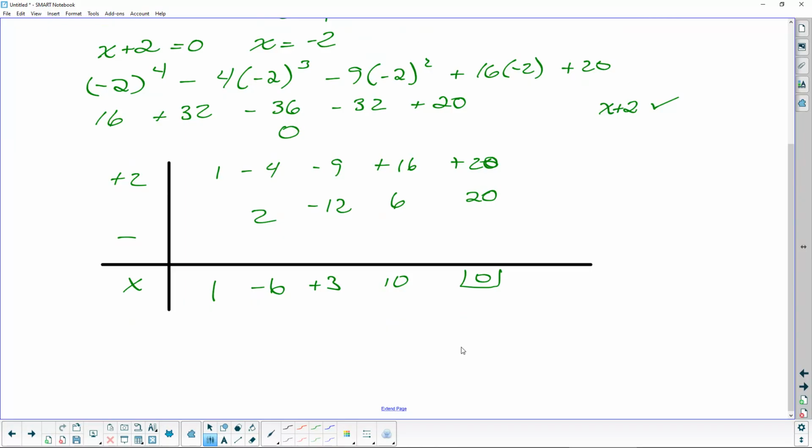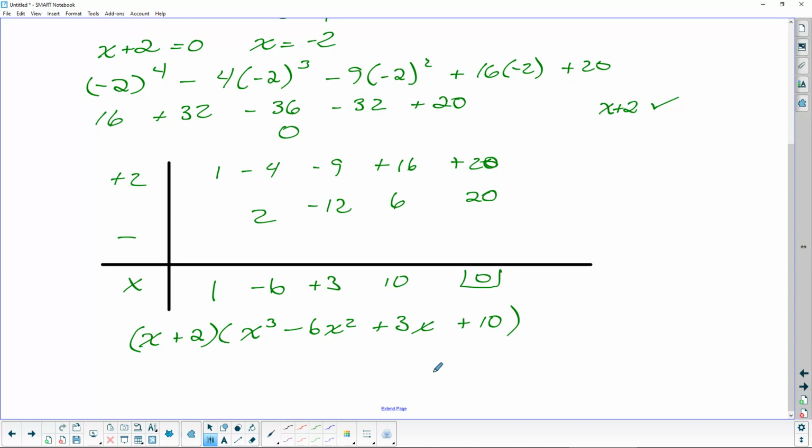All right, so then our factors are x plus 2 times, now we've got x cubed minus 6x squared plus 3x plus 10.